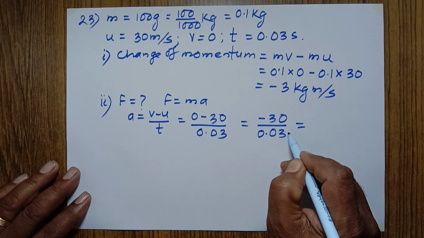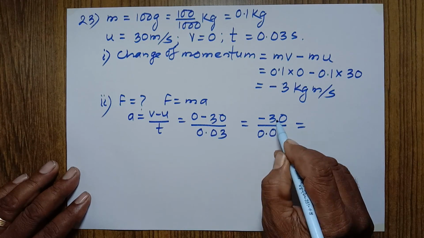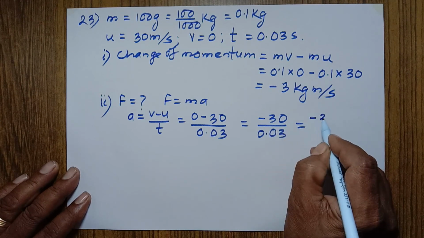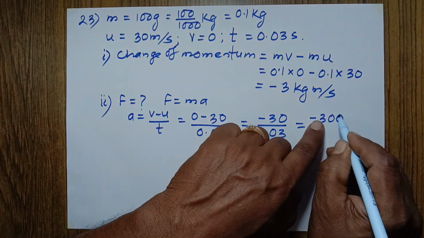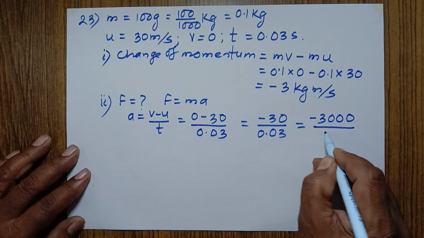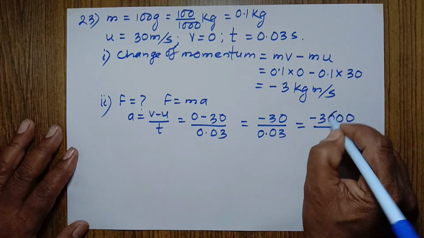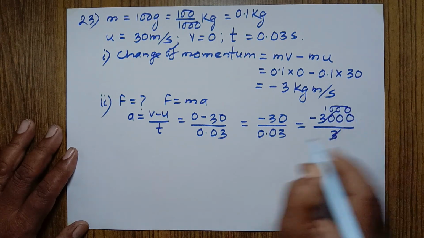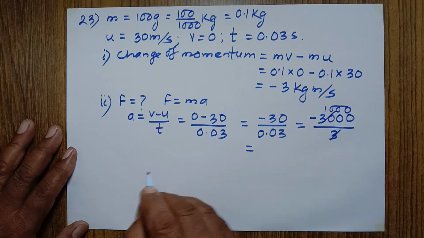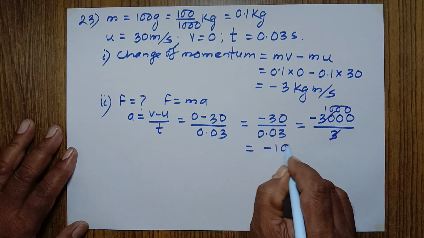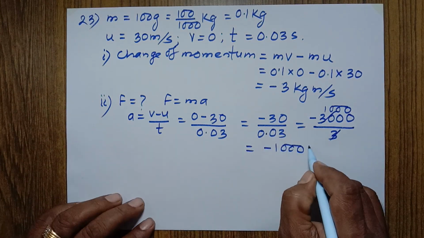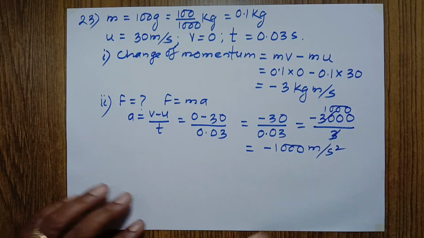If it is shifted two digits to the right, then we can use 3000 in the numerator, and this is divided by 3. 3 1s are 3, 3 1s are 3, so 1000. This is the answer. The acceleration is minus 1000. Unit of acceleration is meter per second square.